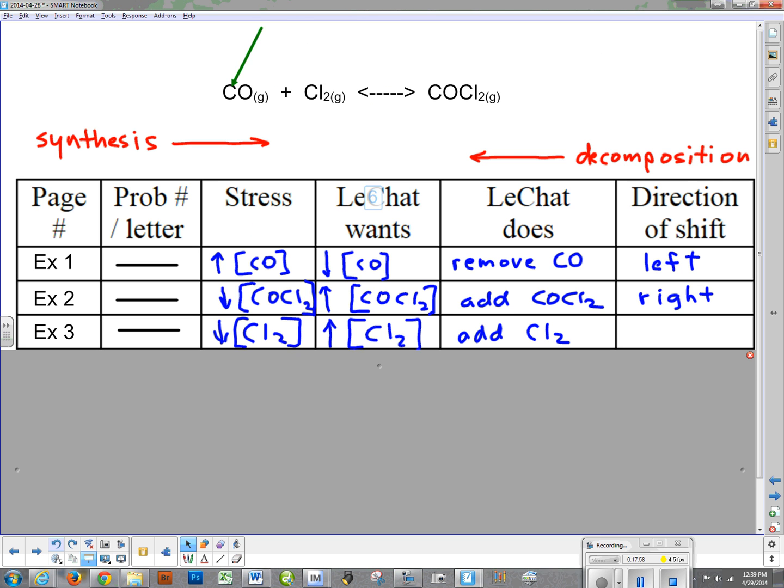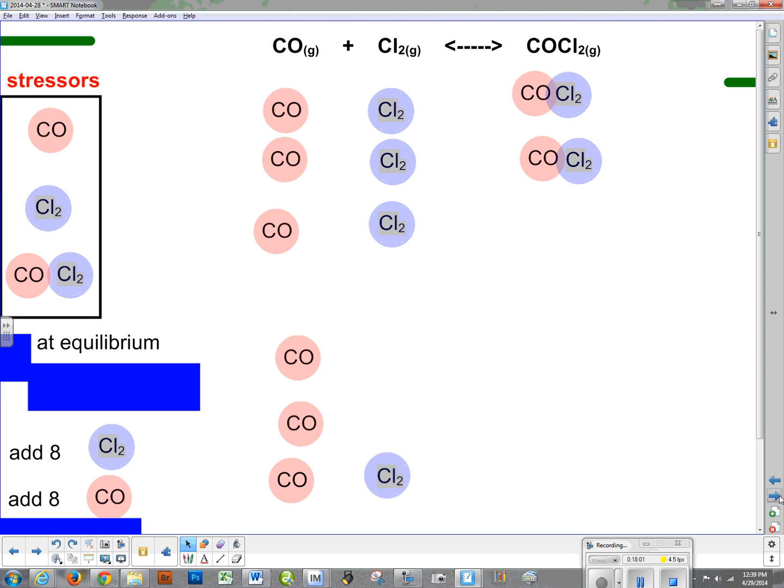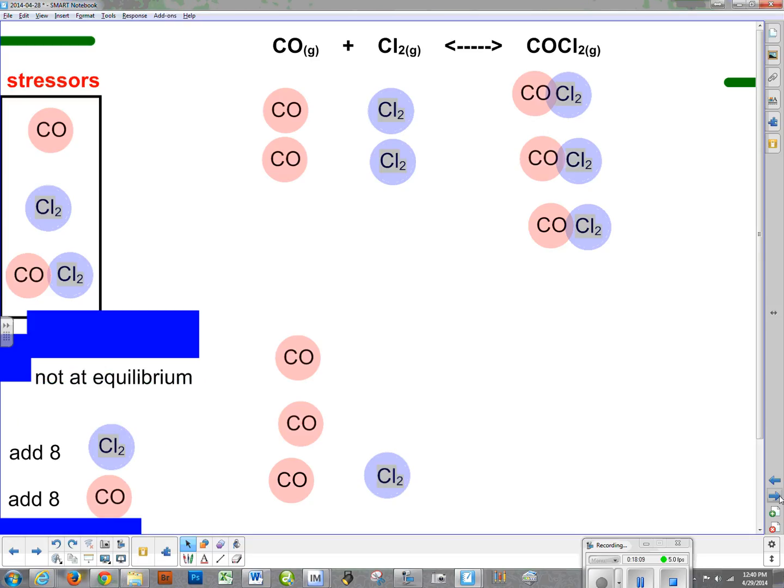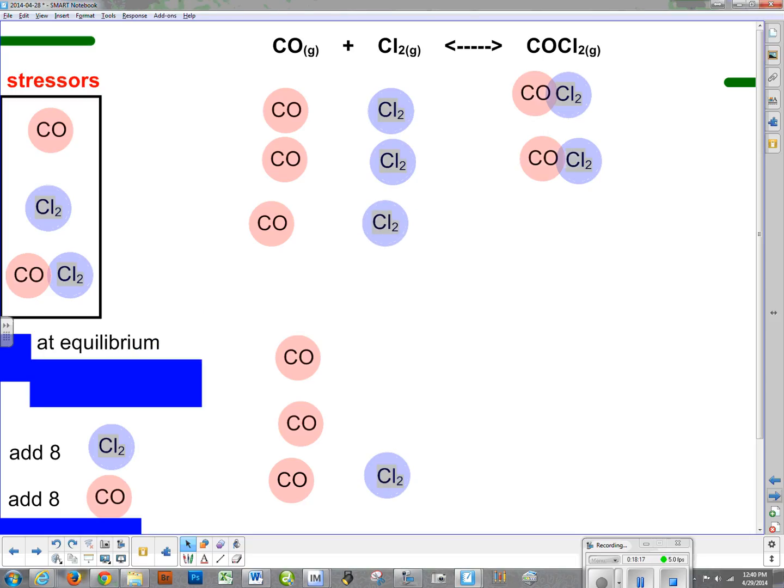When we were back over here, and these guys were together, that was at equilibrium. When we did this and took them apart, we went ahead and reestablished a new equilibrium, different than what we had before.